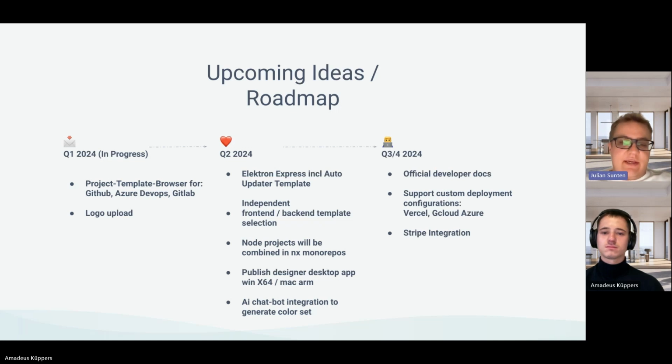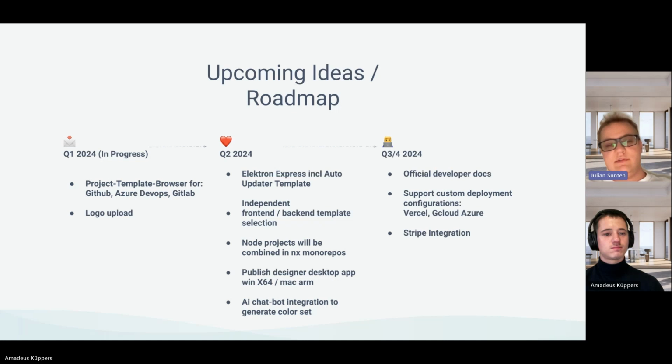The next thing is node projects will be combined in NX monorepos. That basically means if you choose different technologies in front and back end which are both based on Node.js, it makes sense to deliver them already in a combined monorepo. That is what we aim for.